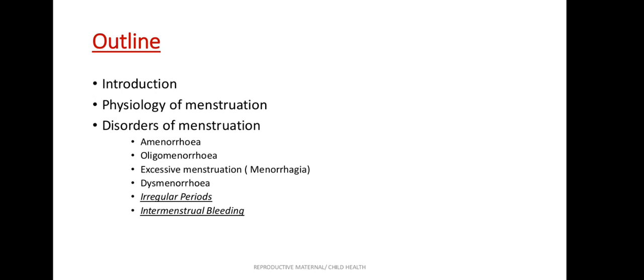So normal menstruation is a cyclical phenomenon involving the partial shedding of the uterine endometrium with associated blood loss per vaginum. So there is cryptomenorrhea and retrograde menstruation. The female menstrual cycle is determined by a complex interaction of hormones, and the predominant hormones involved are gonadotropin releasing hormone, follicle stimulating hormone, luteinizing hormone, estrogen, and progesterone.